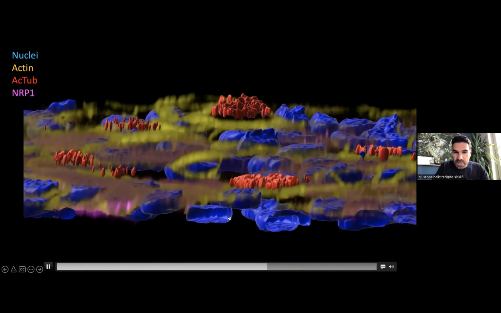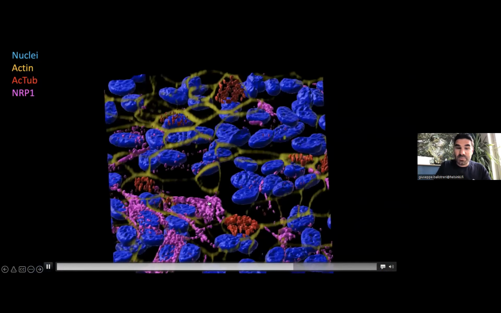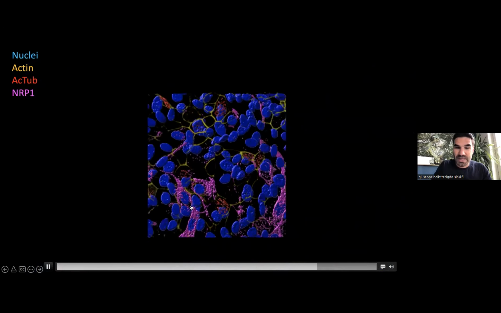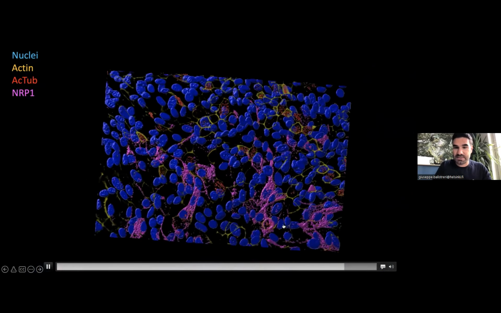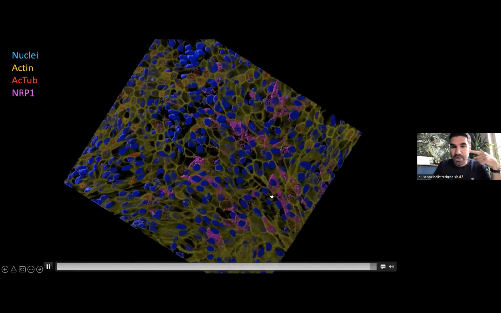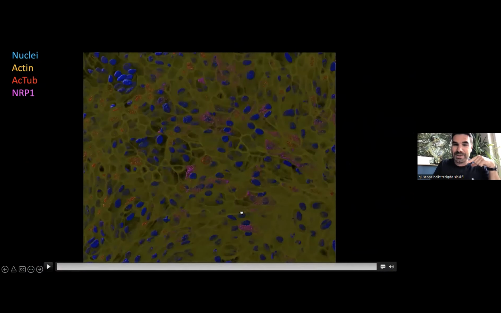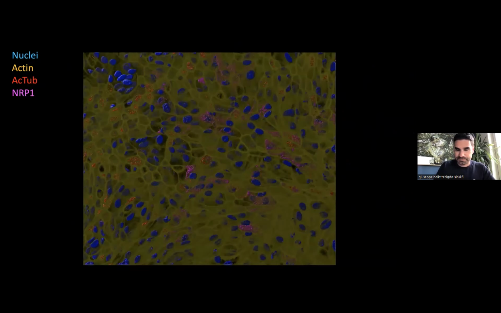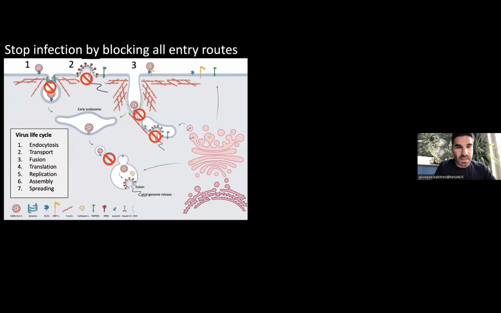We can see the nuclei underneath. And we can see the presence of the famous protein neuropilin-1 in many of these cells. Actually, these are cells from my nose, if you're curious who is the donor. So I have a lot of neuropilin, which might explain why I've got this virus already twice, regardless of my vaccines. So I'm a very good host for coronaviruses, apparently.